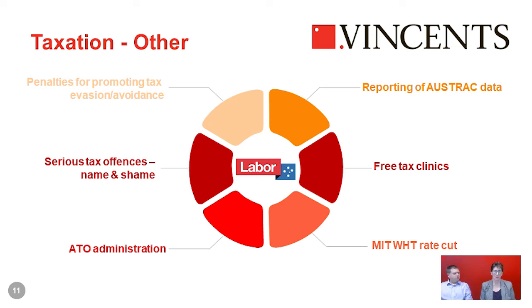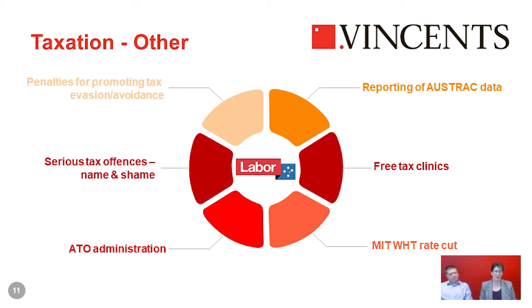So individuals might be able to get their tax returns done via those tax clinics. It probably is just an example, really, of how complicated the system is, that the government thinks it needs to set up these free clinics to give somebody that has very simple tax affairs assistance to actually get their returns lodged.